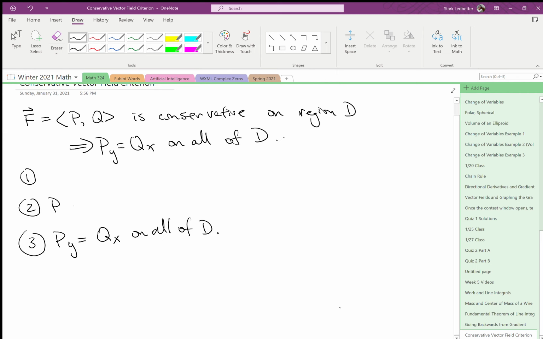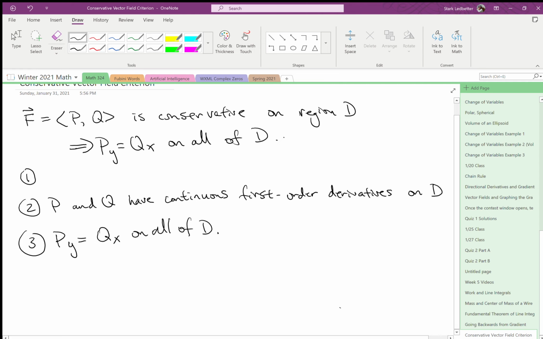The P and Q things are easy as well. So P and Q have to be differentiable, and the derivatives have to be continuous. So they have continuous first order derivatives throughout D, so on D. This is not quite as strong as the word smooth.